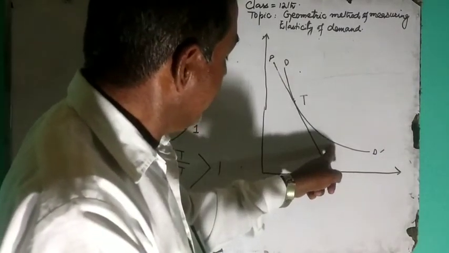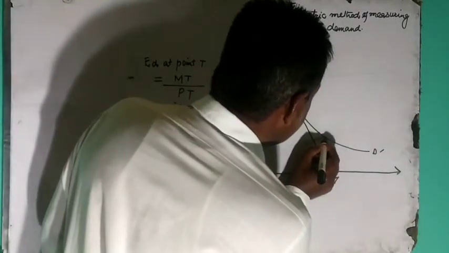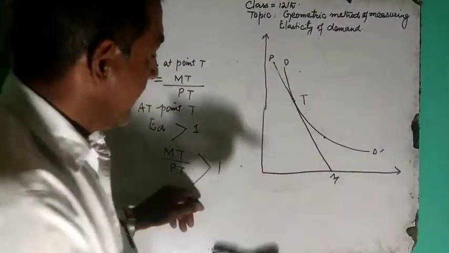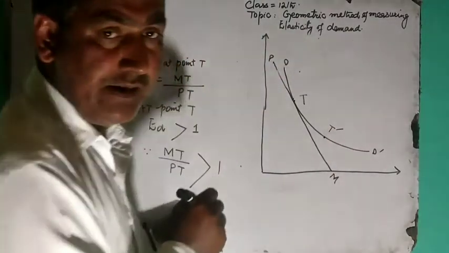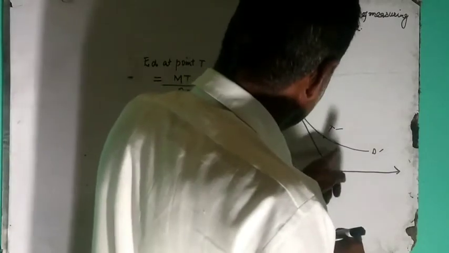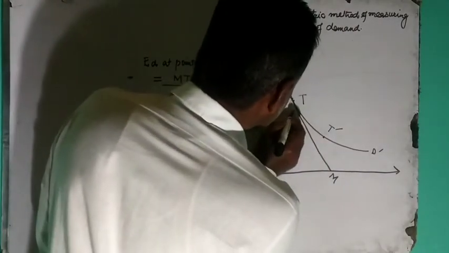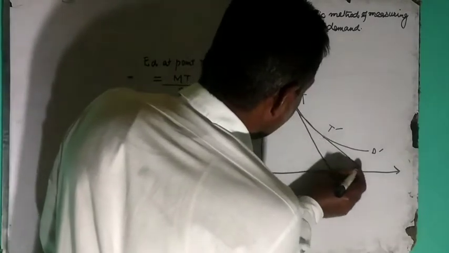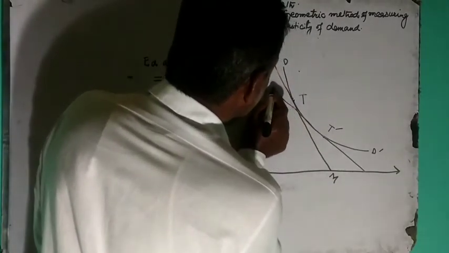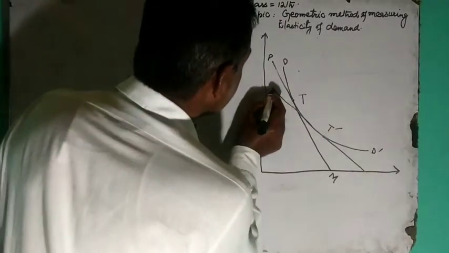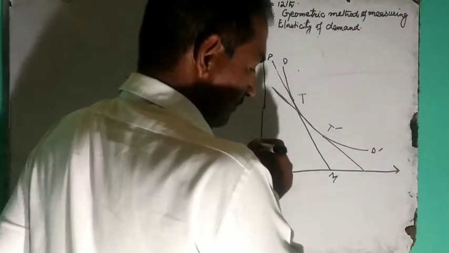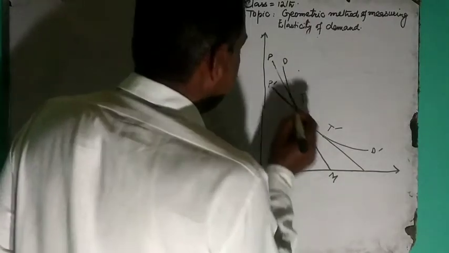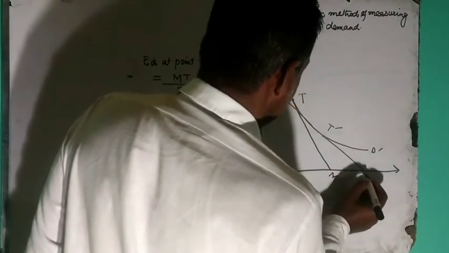If we are asked to find elasticity of demand at a lower point, we will have to draw another tangent passing through this point T dash. Let the tangent be P dash M dash.